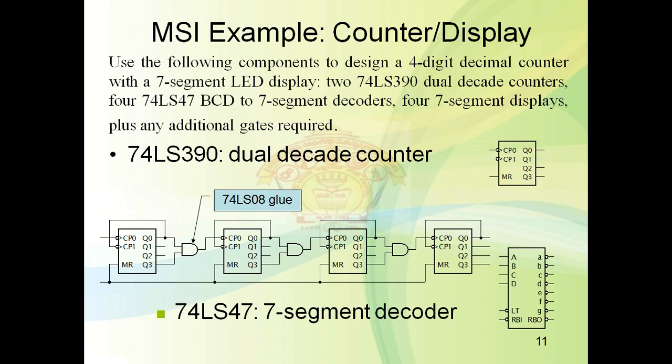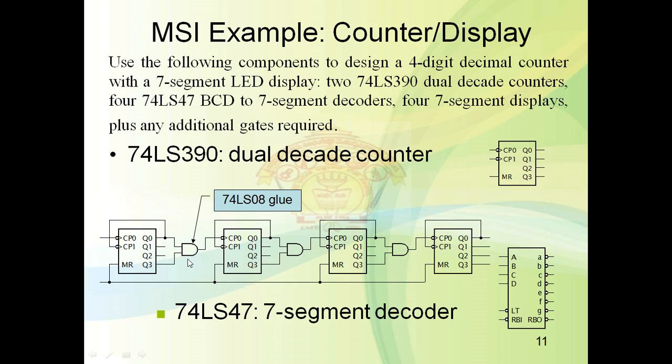At that time the AND gate output is equal to 1. After 10 pulses this gives 1 pulse, so the next counter increases, and likewise for every further 10 pulses.